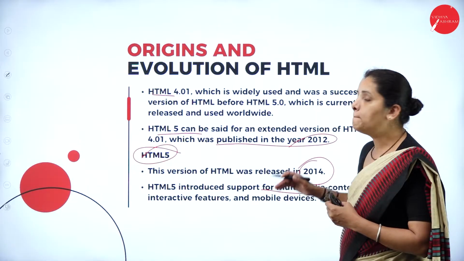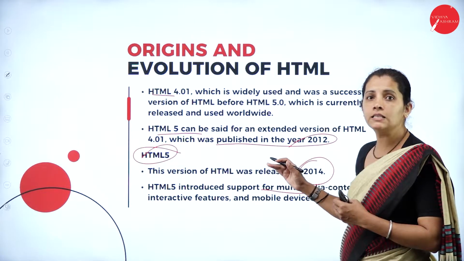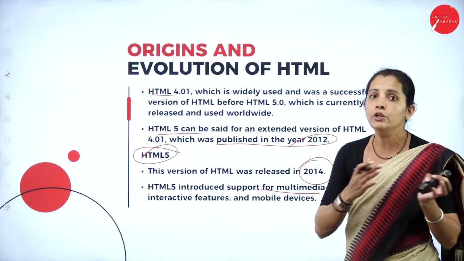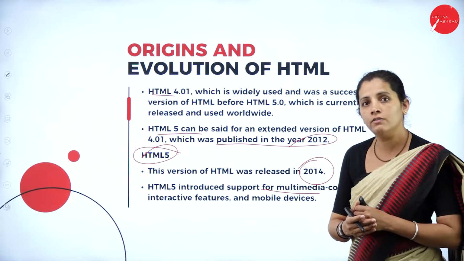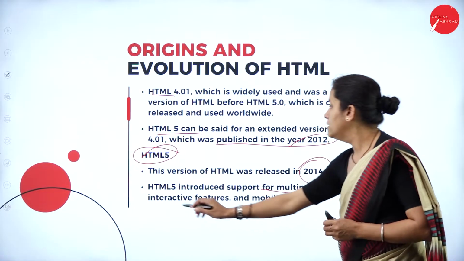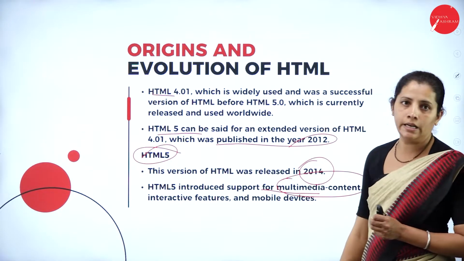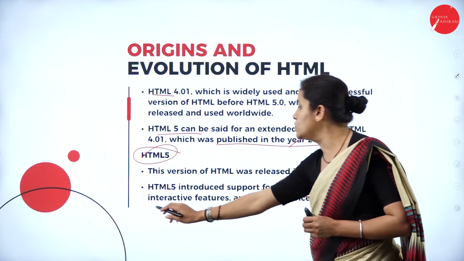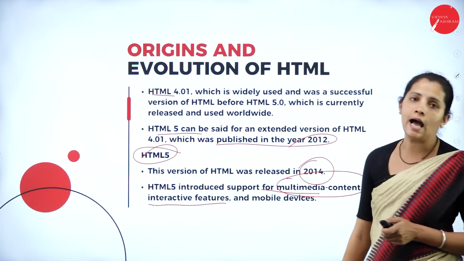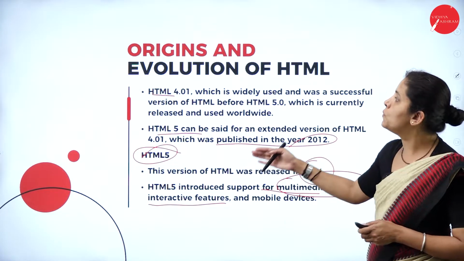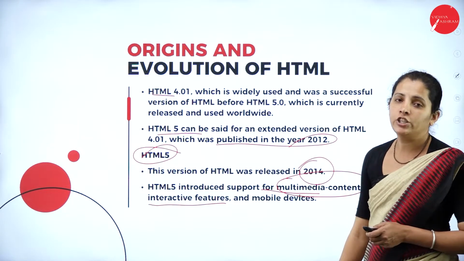Multimedia is mainly used to interact between user and digital world. Okay, fine. Now, see here, it supports multimedia content as well as most interactive features as well as mobile devices. So, these are the origins of HTML.